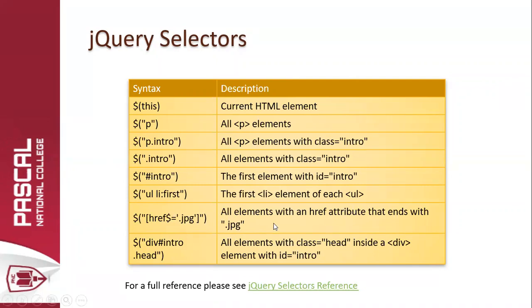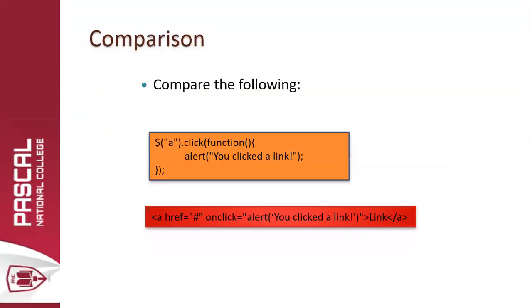If you want to find the first li element within UL, you can do something like this. If you want to find elements with hyperlink reference attributes whose extension ends with .jpg, this will help you do this. Next, if you want to get those div elements which have the ID intro and use the class head, this is how you can select elements using jQuery.